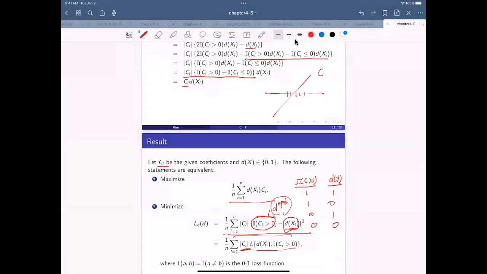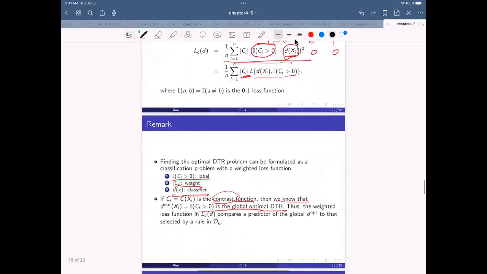The decision in this area, in this extreme case, makes a difference. So this one will be negligible. I don't really care, you don't really have to worry about the accuracy of this decision, but you should make sure that you have a good classification in this area. Okay.